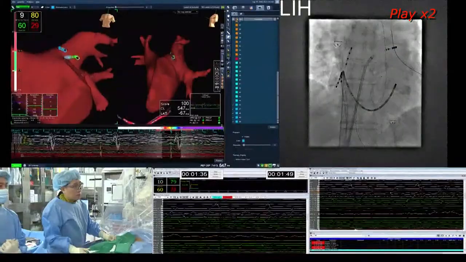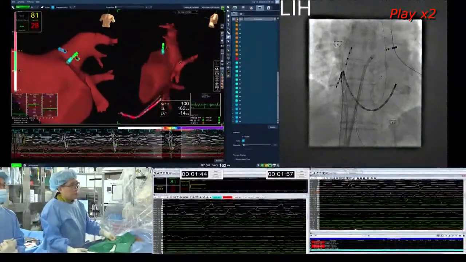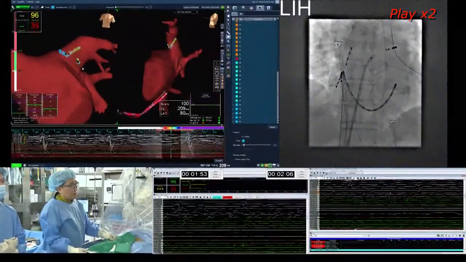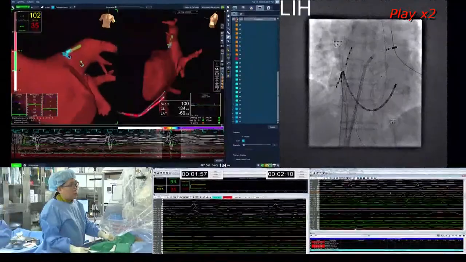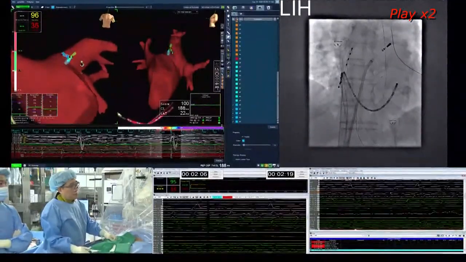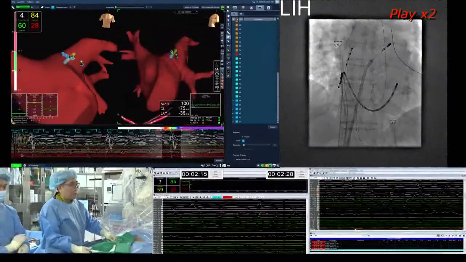Even though the Tacticath catheter or the SmartTouch catheter can monitor the contact force, I prefer to use the flexibility catheter, because the flexibility catheter generates a bigger lesion, and the thermal sensor is located at the tip of the catheter.